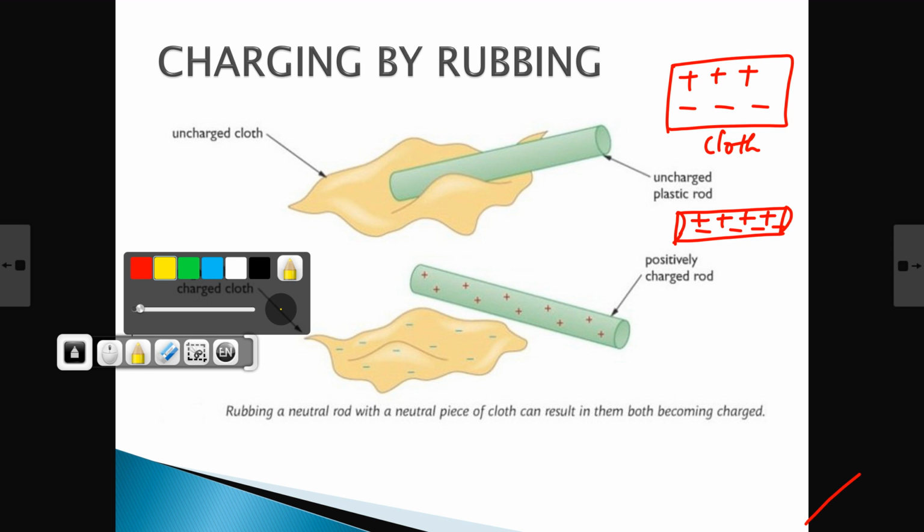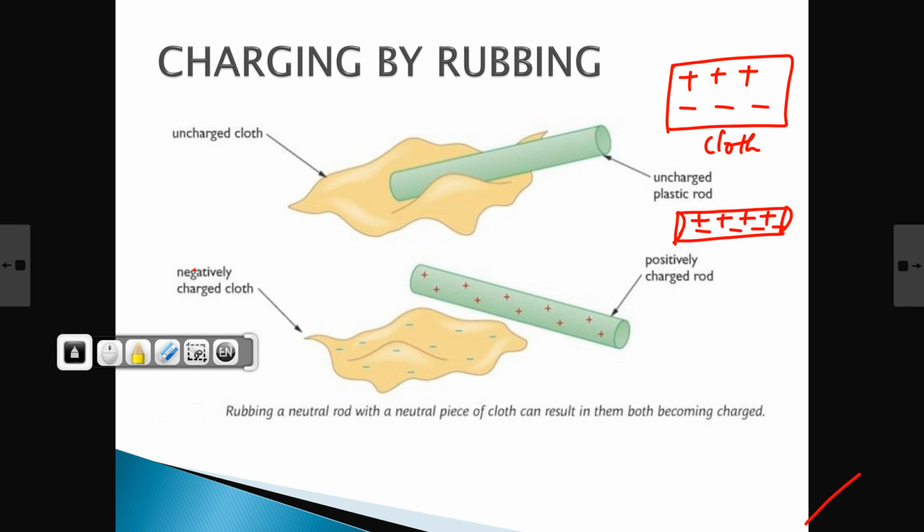What happens when the cloth is rubbed by the plastic rod? When two substances are rubbed together, electron transfer takes place. Some electrons from the plastic rod transfer to the cloth. For example, in this case, 2 electrons flow to the cloth.